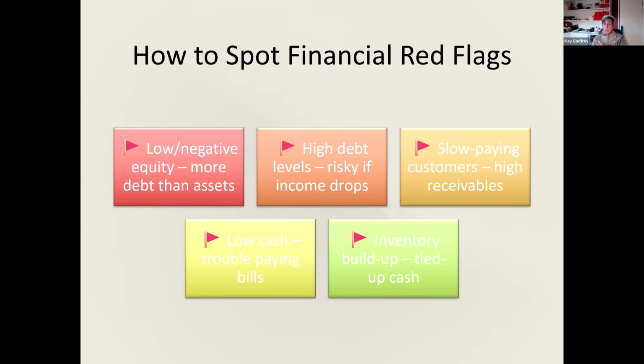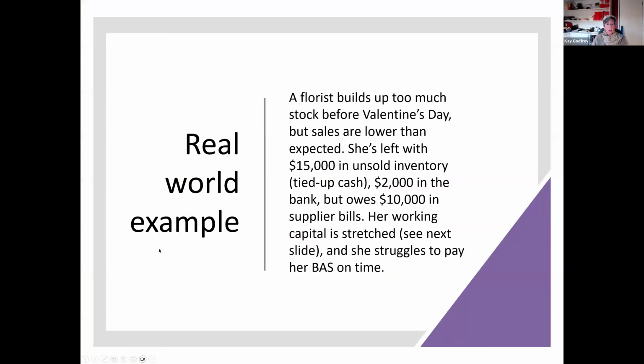And slow paying customers, which means high receivables, so money that isn't coming in. Low cash and trouble paying bills is a red flag, and inventory buildup, which means that your cash is tied up in inventory. So all of these are red flags that you should watch out for.